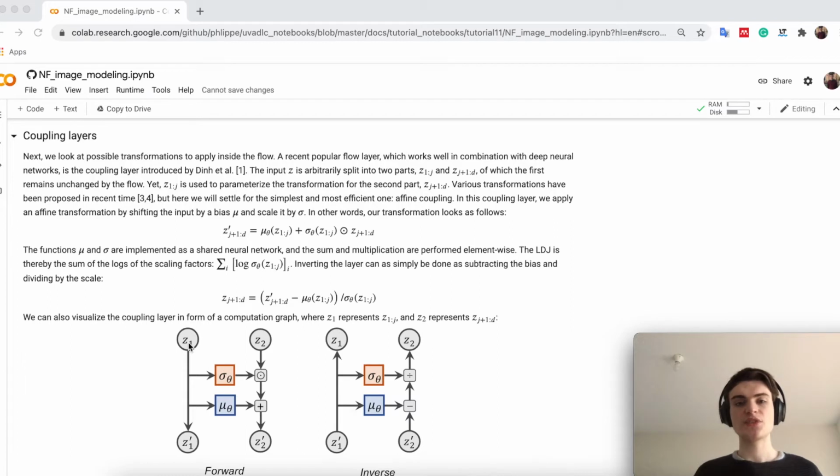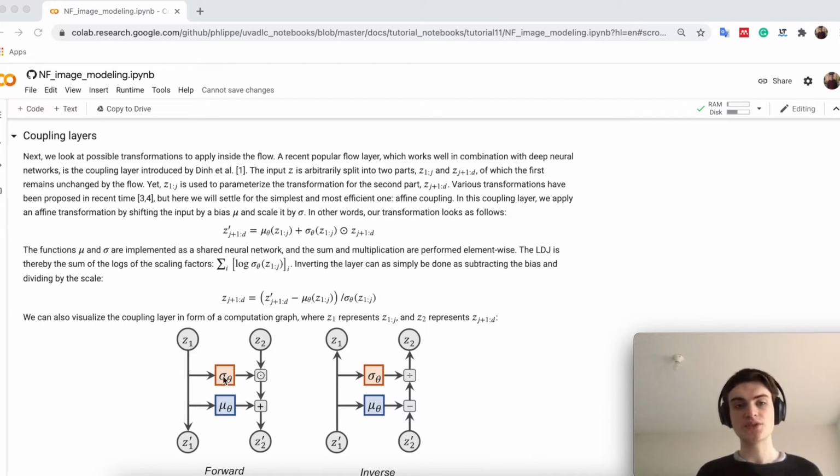In the coupling layer, we first split z into two parts, which we call z1 and z2. For the first part, I just use the identity mapping. So this z1 I don't change at all, and it is my output of the invertible function. While z2, I transform based on z1, so I use z1 as input.